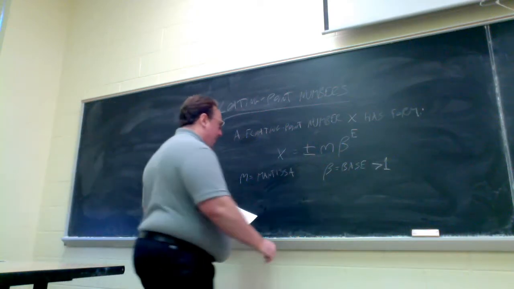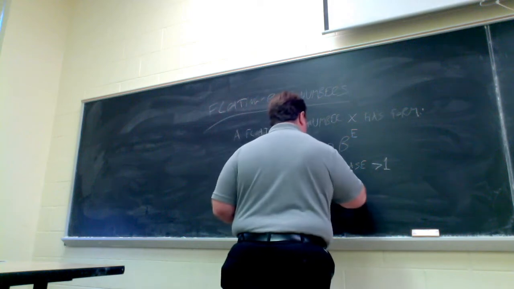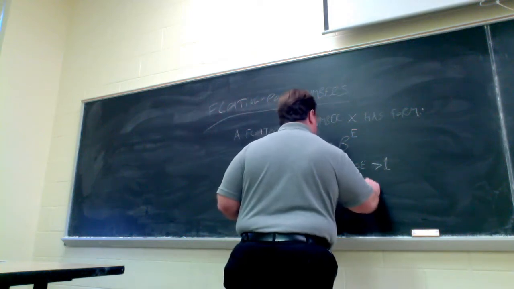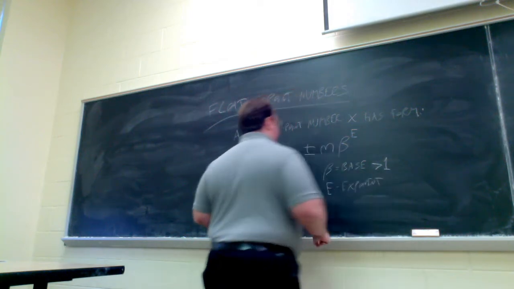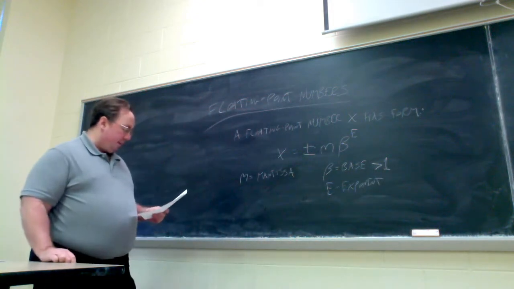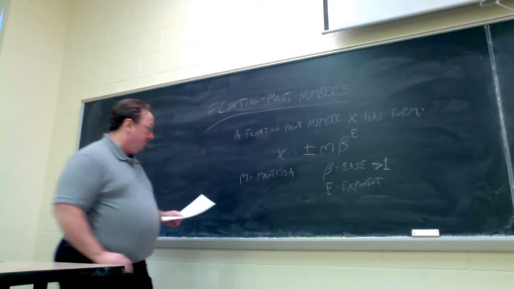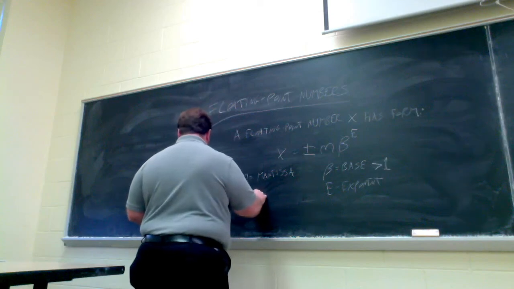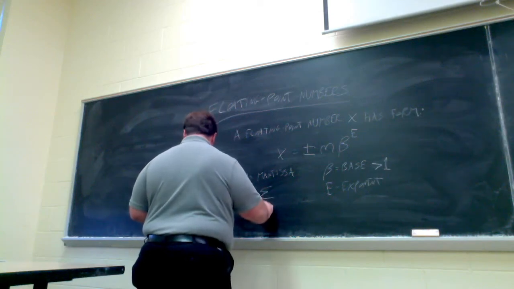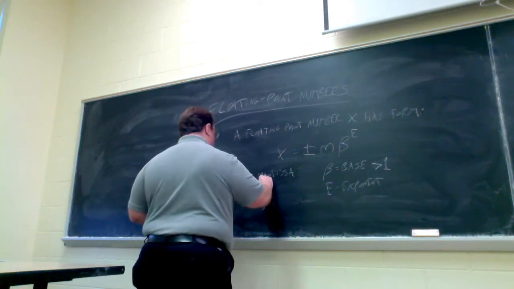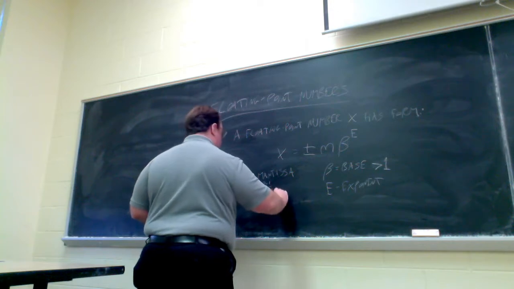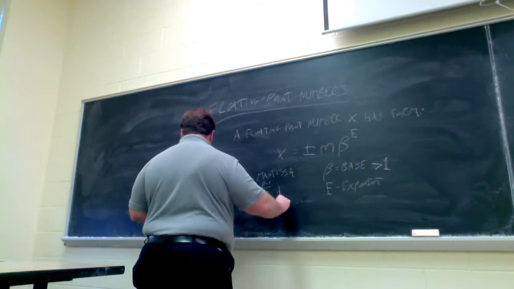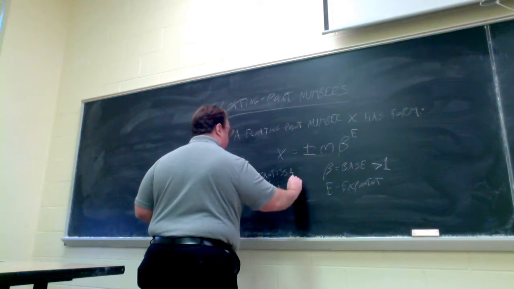And then we have e is the exponent. Now, the form that the mantissa has is a sum of powers of a base that are less than or equal to 0.